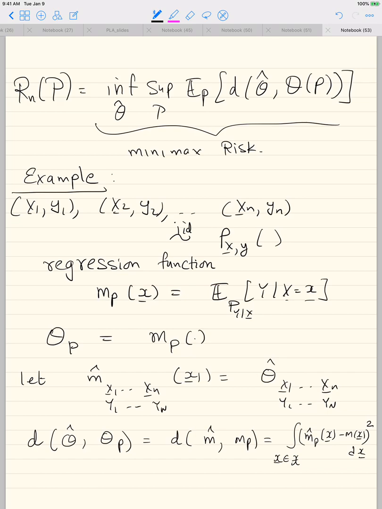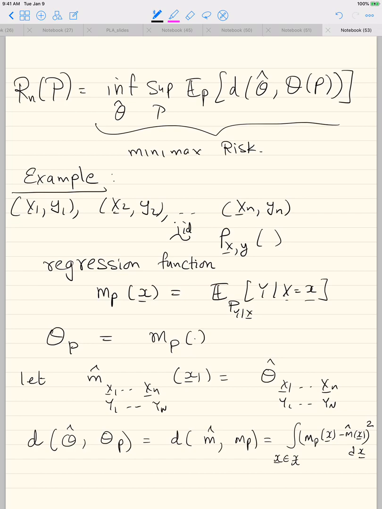I look at all values of x. I look at what my estimate is at that point x, I look at the ground truth, take the square of the difference, and integrate with respect to x.